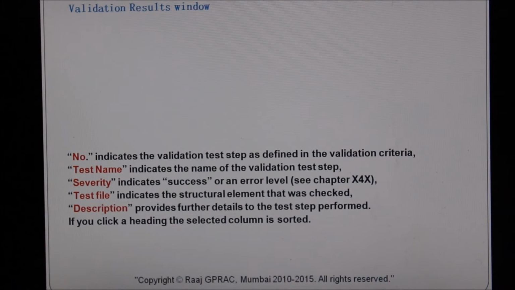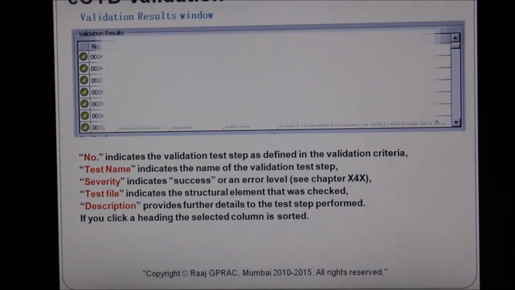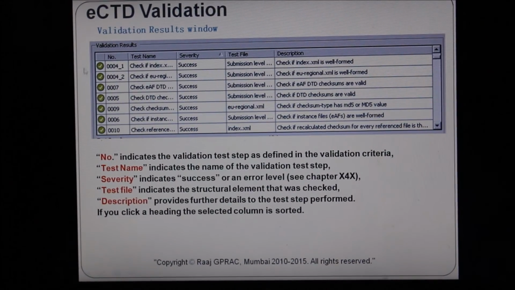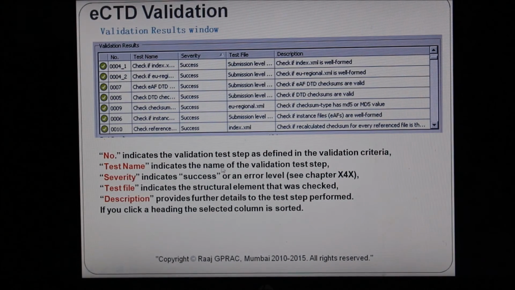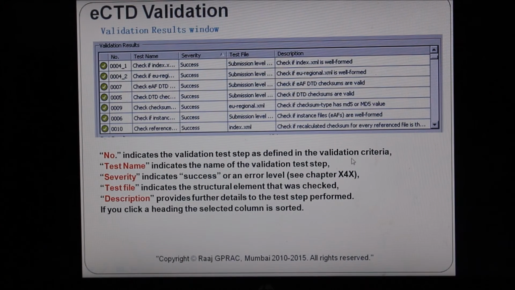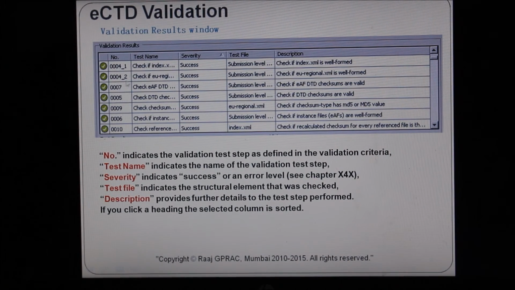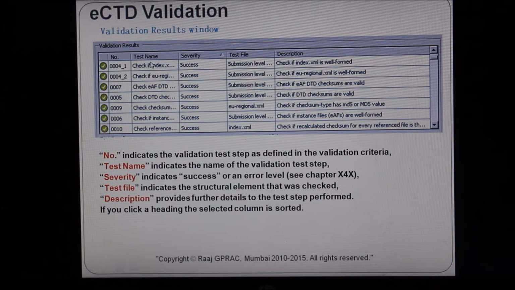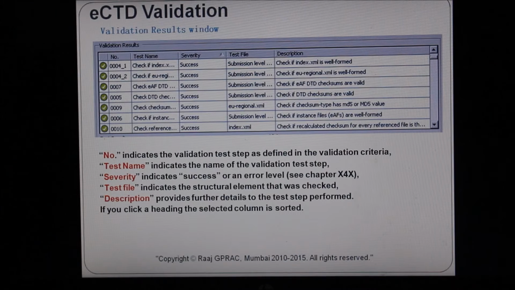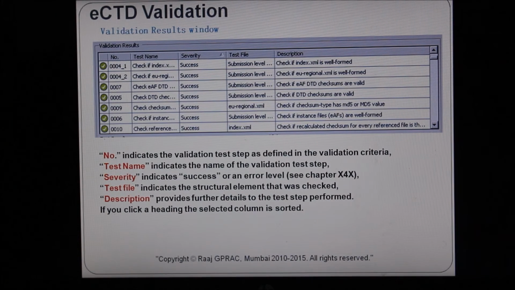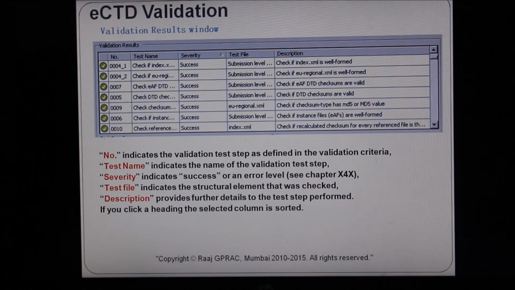Mainly the validation results window shows like this: the number indicates the validation test step as defined in the validation criteria. Then the test name indicates the name of the validation test step. Then severity indicates an error level, see chapter 4.